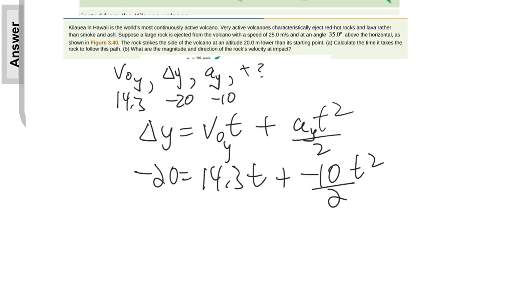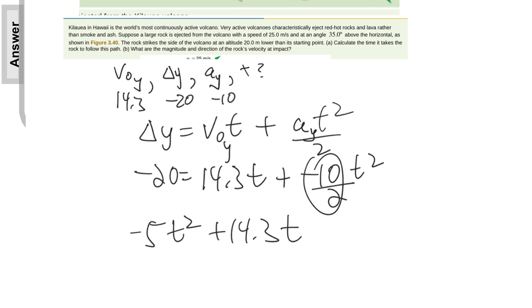I'm going to have to use the quadratic formula, sorry. So put this in quadratic form. Negative 5 T squared plus 14.3 T plus 20 equals 0.